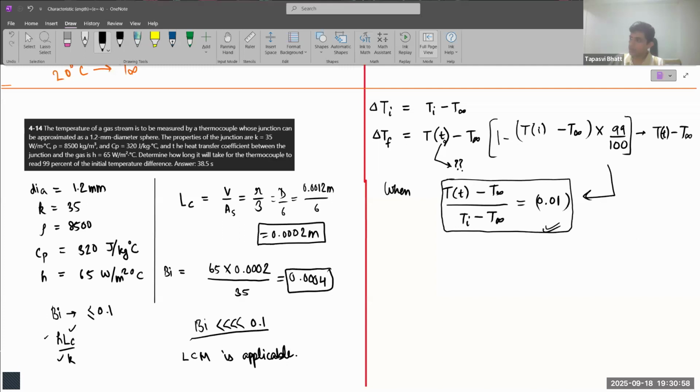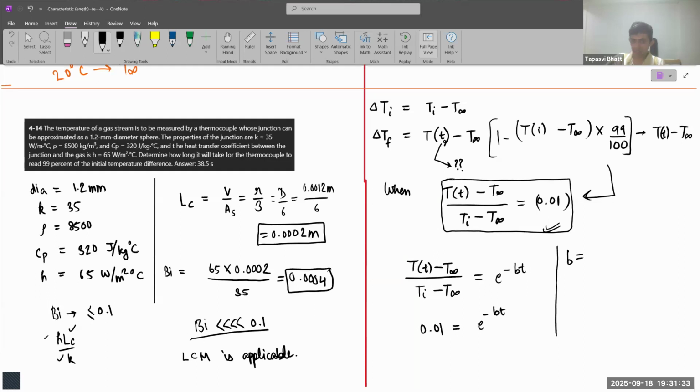But we also know that T minus T infinity over Ti minus T infinity is also e to the power minus Bt, because the lumped capacity model is applicable. So we can say 0.01 is e to the power minus B times t. Now what is B?